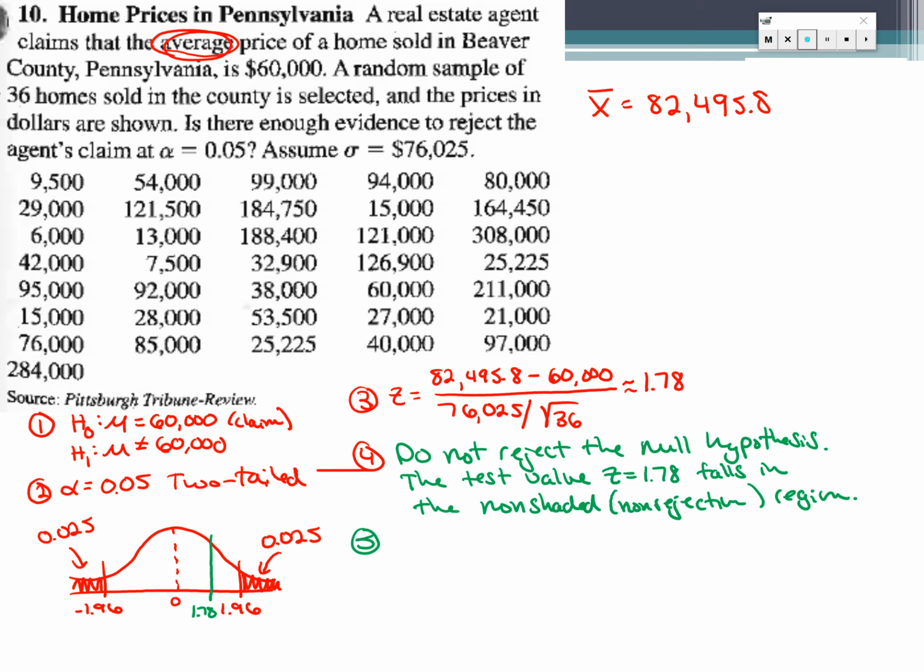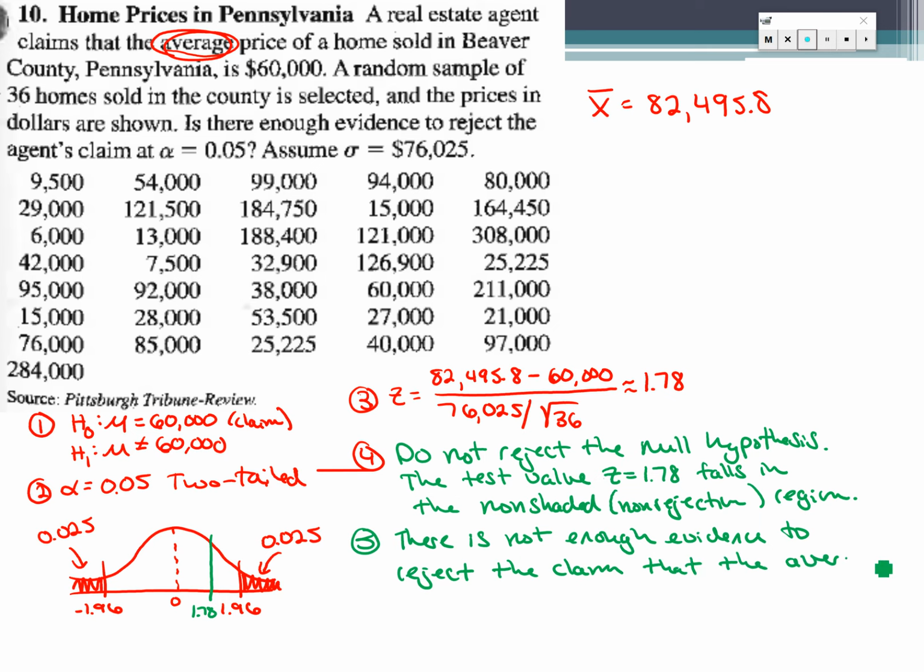So since I didn't reject the null hypothesis, I get to say there is not enough evidence to reject the claim that the average home price is $60,000.